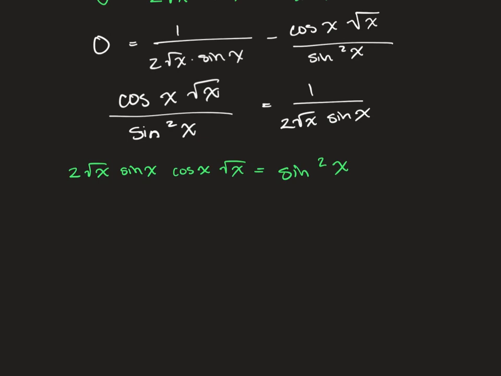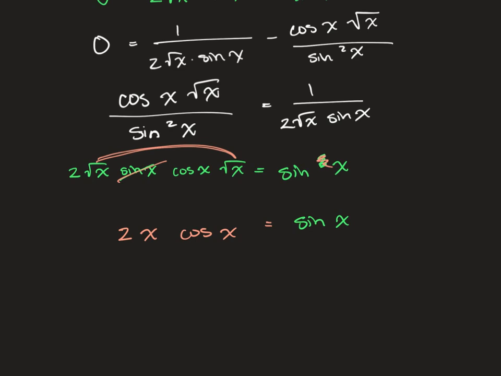We can get rid of one of these sine of x's, so now we're just left with sine of x over here. And these two x's together are just going to give me x. So that's going to give me 2x cosine of x.